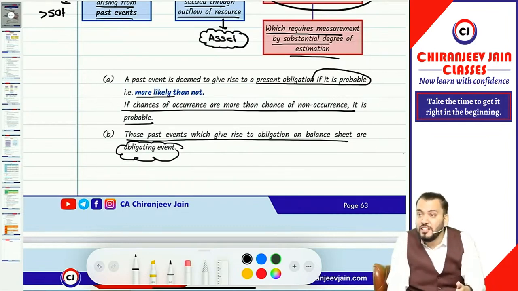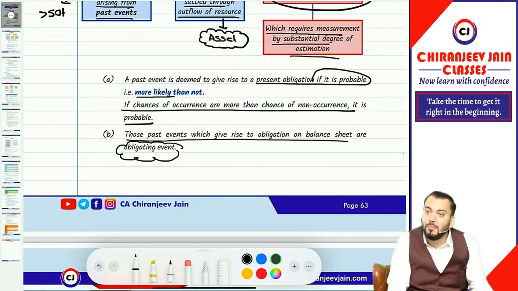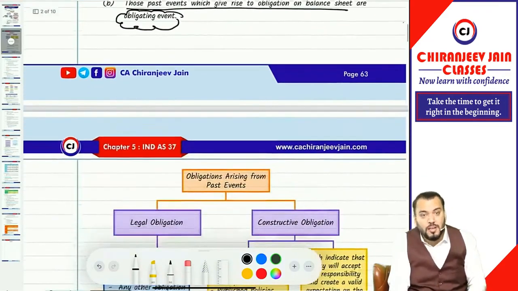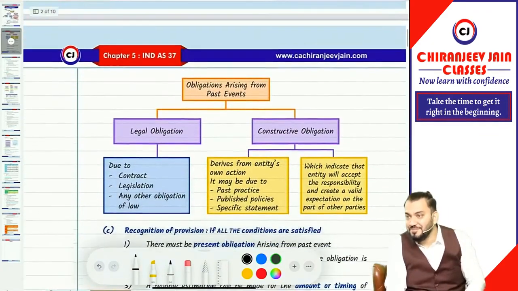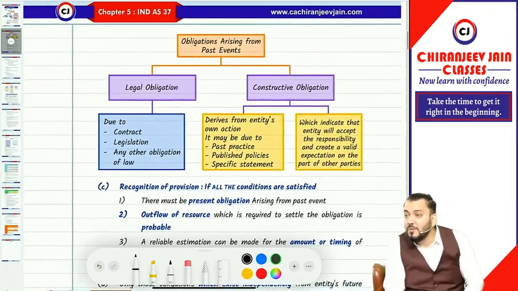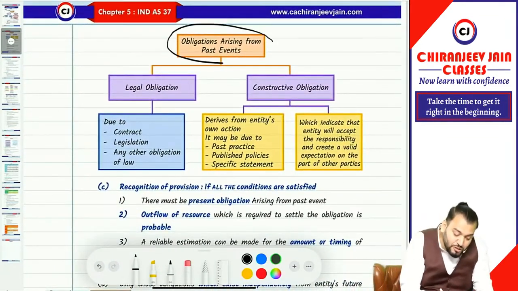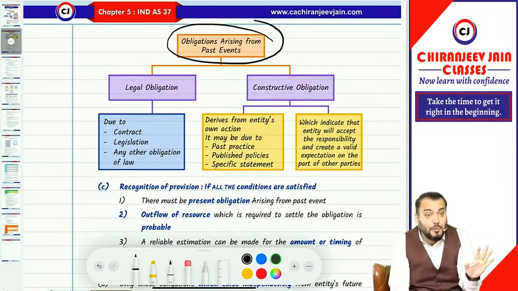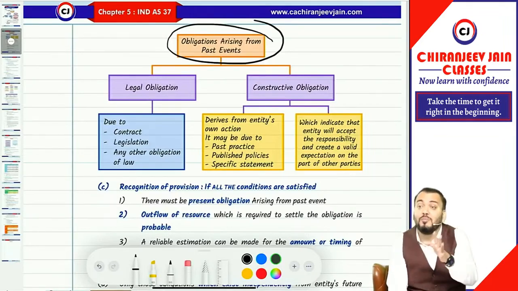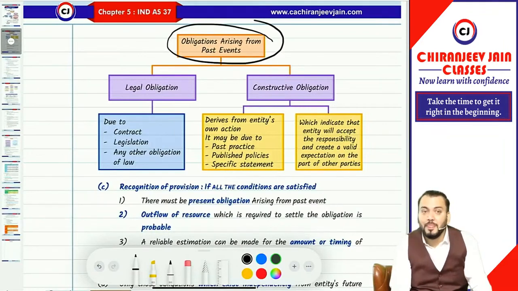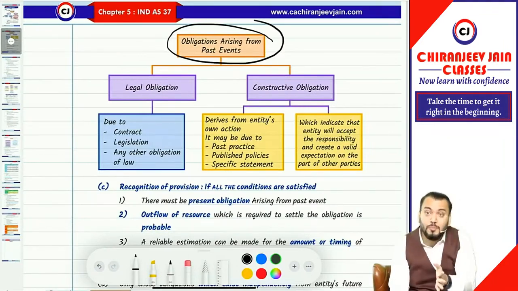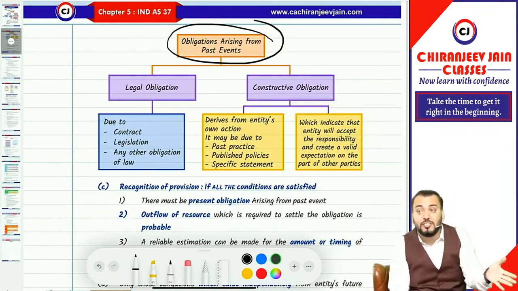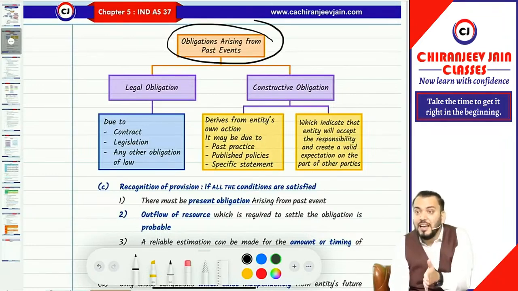Present obligation you have understood. When an outflow is probable, it means it is a present obligation. Now these obligations are of two types. We are not discussing any obligation which arises from a future event, only those obligations which arise from a past event and exist on the balance sheet date.